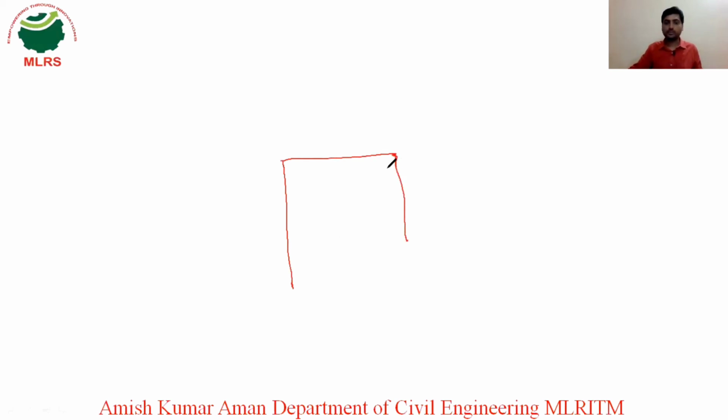Now I will mark the final moments. At A, it is 15.544. At B, it is 30.119, so mark it here.